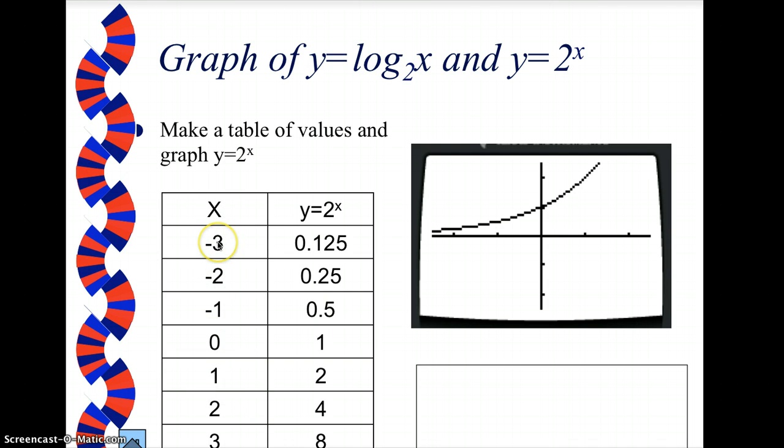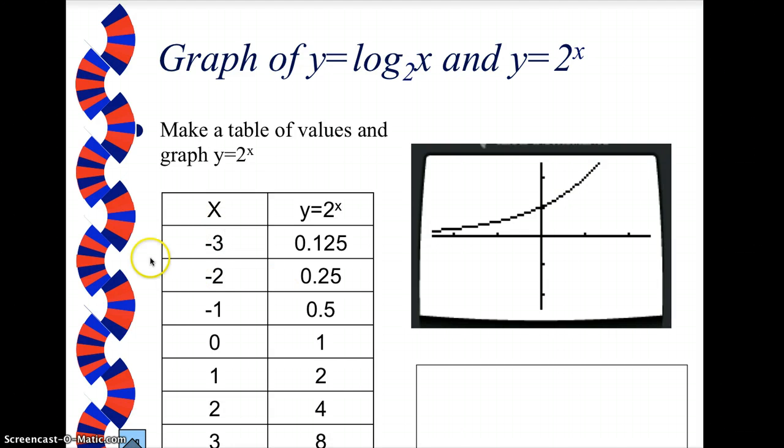If we substitute -3 for x, you will have 2 raised to -3, which is the same as 1 over 2 raised to 3. Remember that when you have a negative exponent, it means that you will have a value less than 1.